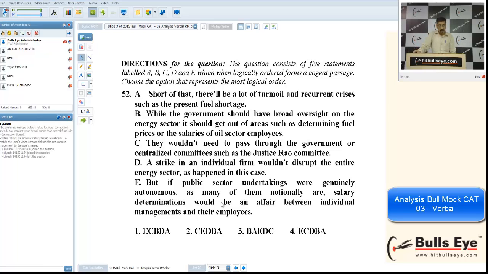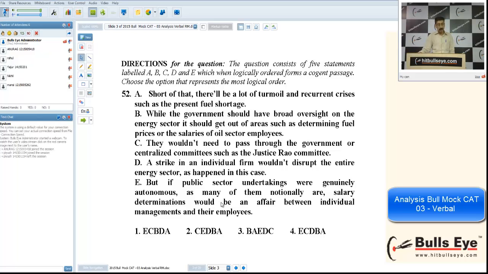Let's read D also. A strike in an individual firm wouldn't disrupt the entire energy sector as happened in this case. So now we have introduced the energy sector in sentence D, not in sentence B, because the energy sector is an example taken by the author here.